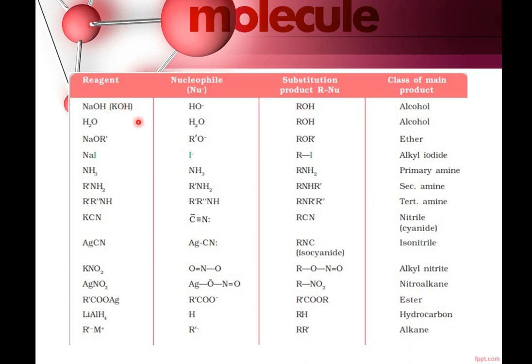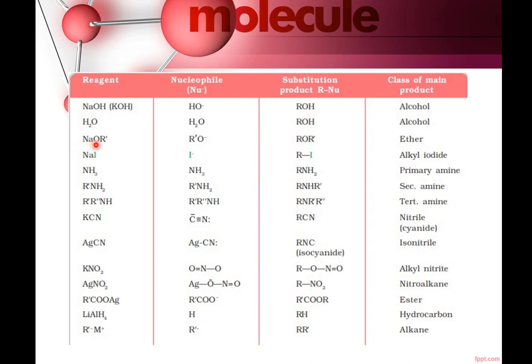If the reaction is done with NaOH or KOH, then OH is a nucleophile. It comes in place of X and you get ROH. Similarly, from water, OH will come in place of X. Here also you get alcohol.